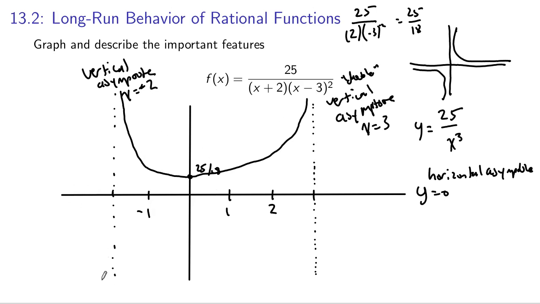And then down here, we're going to approach 0 from below, but never get to it. And here, because this is a double, we're going to come back down from up here and approach 0 from above, and never quite get there. And again, like I said, you can feel free to plug in 4 and 5 and -3 and get the actual values that would go on the curves here.